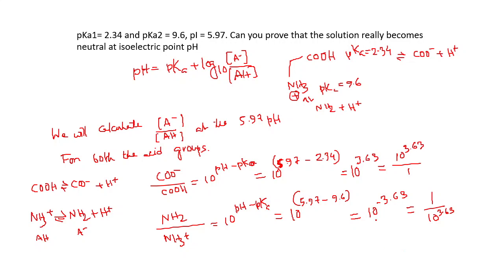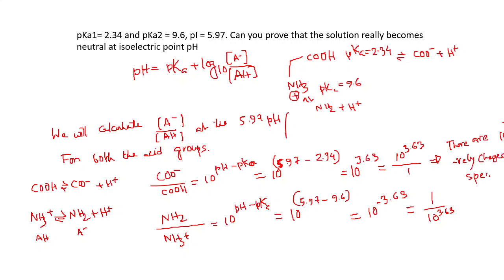So how come these two look so similar? It's just an inverse that differentiates the two, because we took an average of the two. But what exactly does this mean? Our first equation means there are 10 to the power 3.63 negatively charged species.